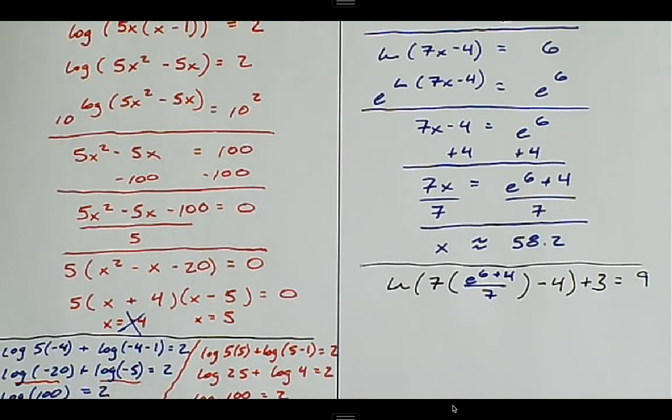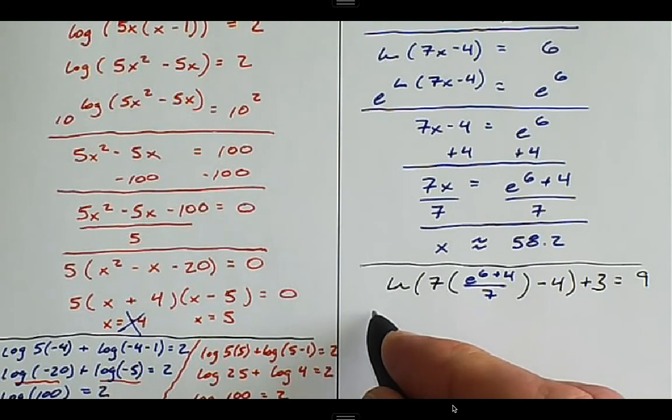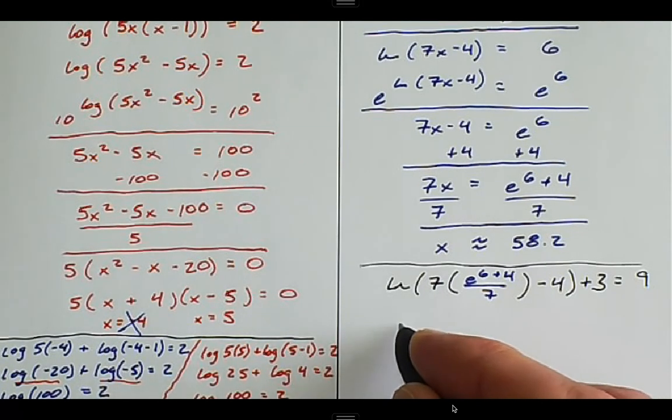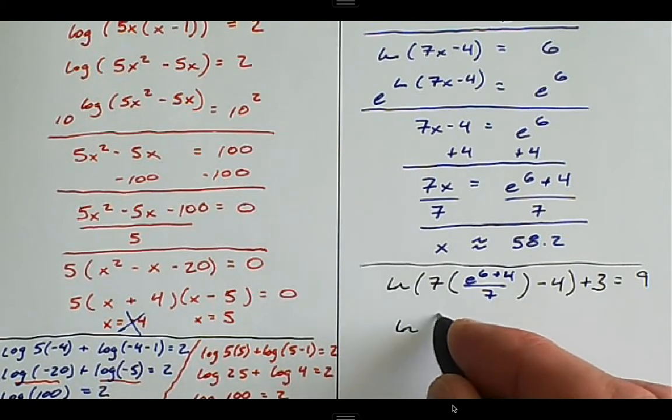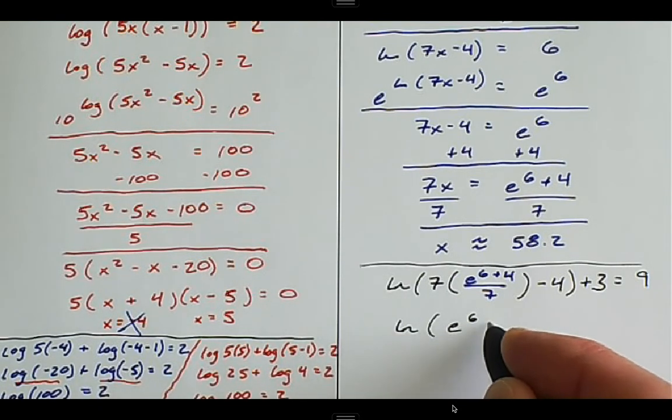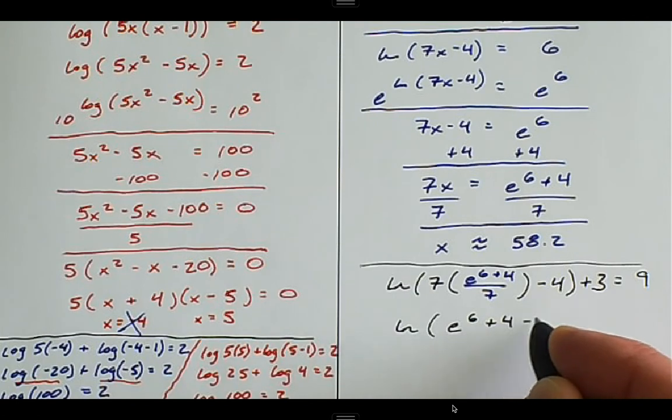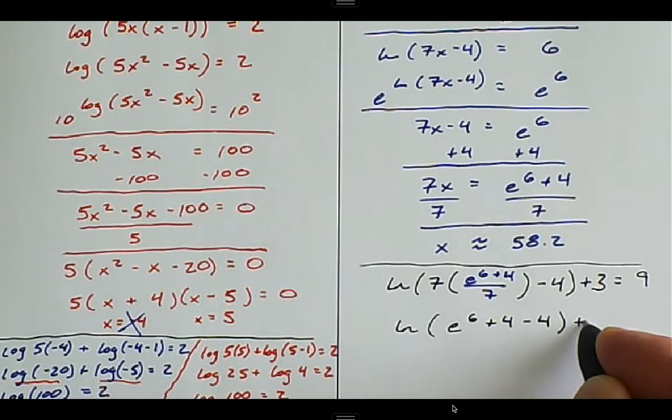And when we distribute that, that goes into 7 here. And so what happens is the 7's cancel, and we're left with the natural log of e to the 6th plus 4 minus 4 plus 3 equals 9.